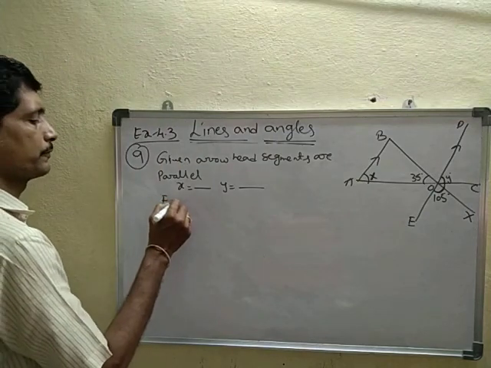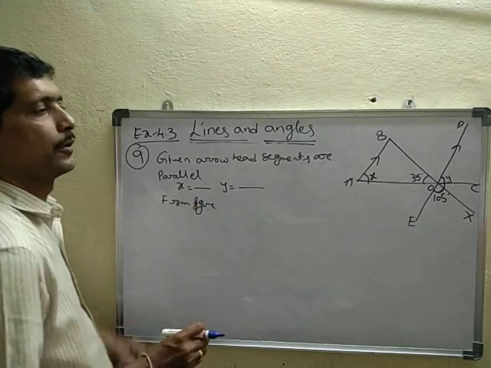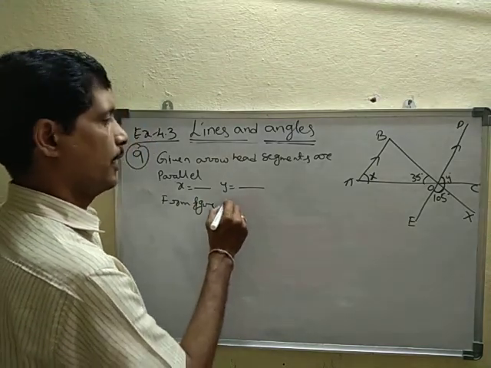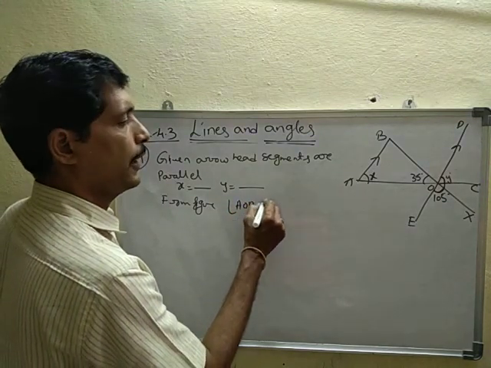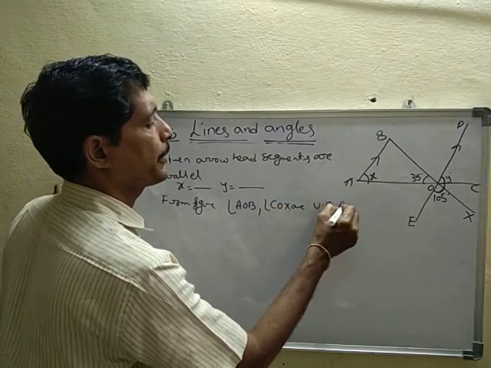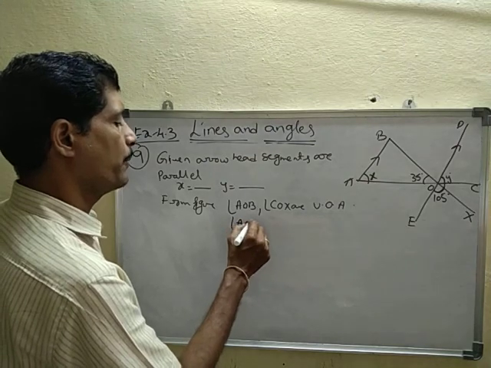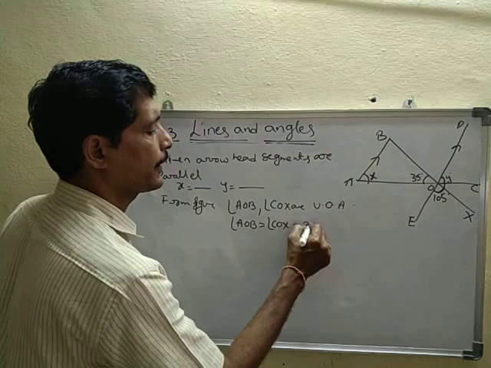From figure, here angle AOB and angle COX are vertically opposite angles. Vertically opposite angles are always equal. Angle AOB equal to angle COX equal, that is 35 degrees.